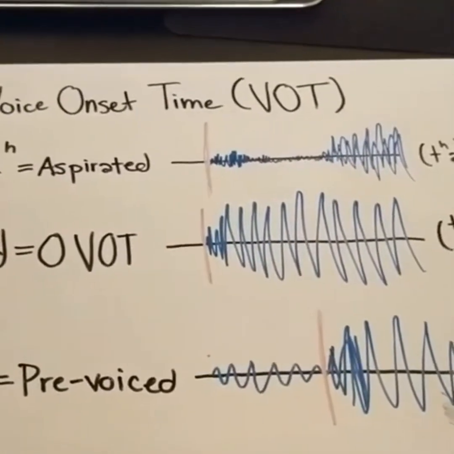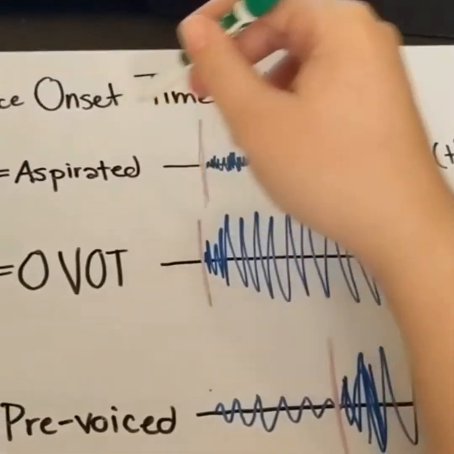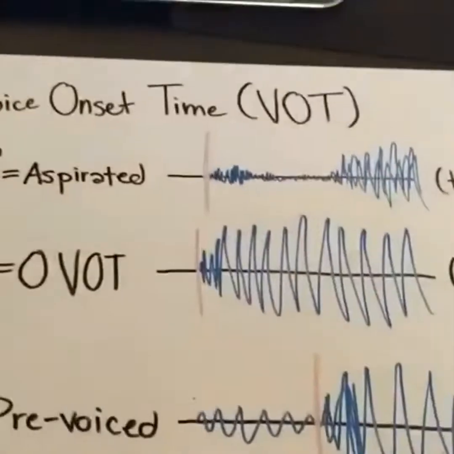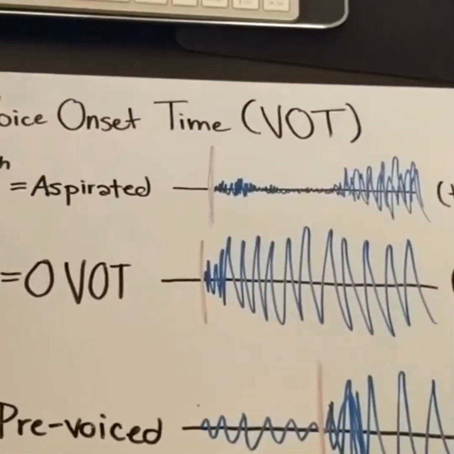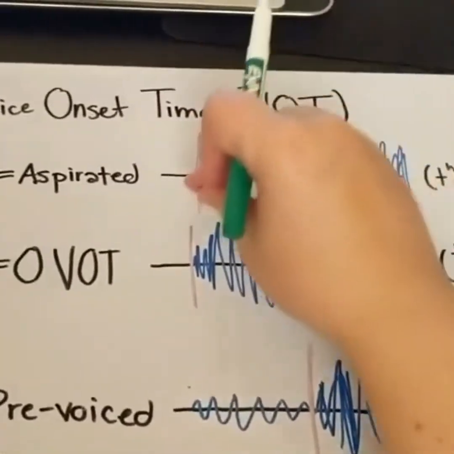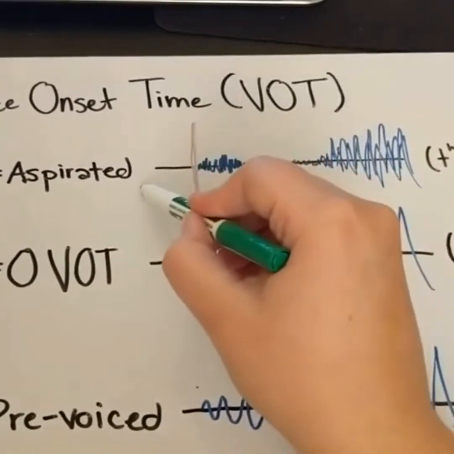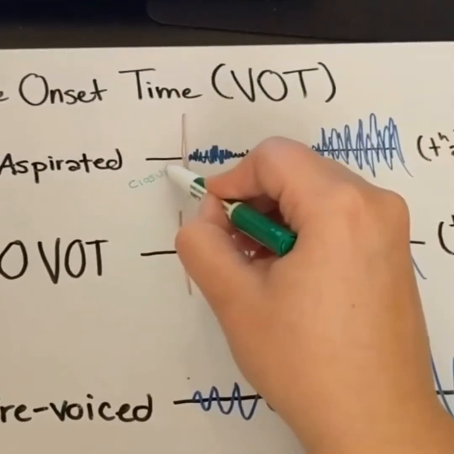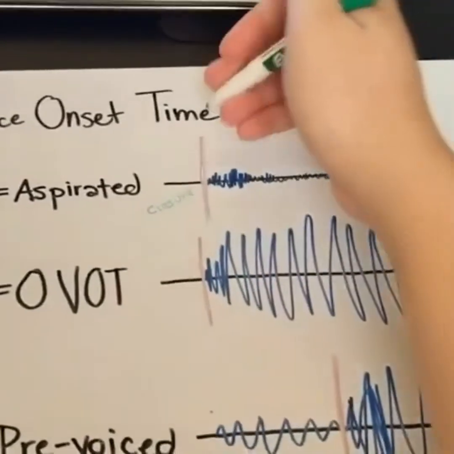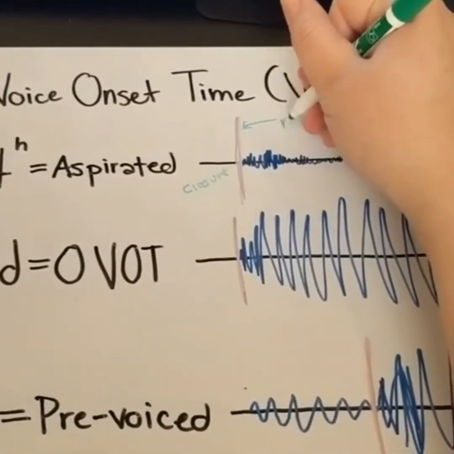So when you make a T sound, the result is that you get silence, right? So if you've closed off everything and are not voicing anything, you have silence for a second. So if you're thinking of this as the acoustic signal, you have this period of silence. So this is the closure. This is while you have no sound, no air flowing through. And then you get this point, which is called the release.